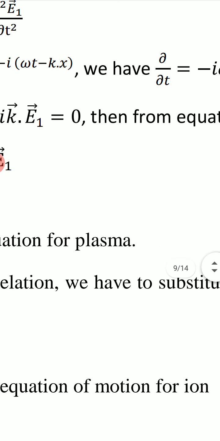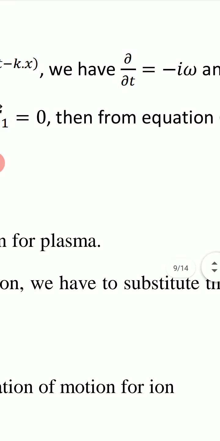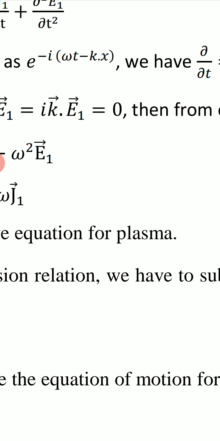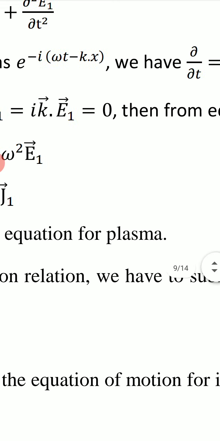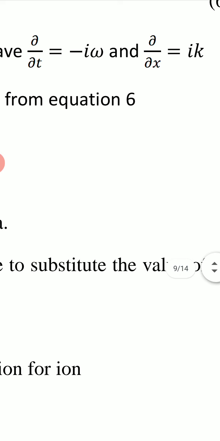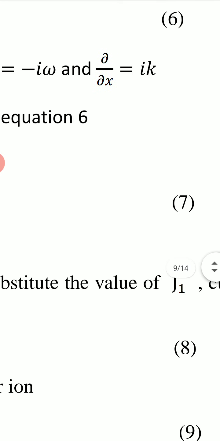So delta upon delta t is equal to minus i omega, and if we differentiate with respect to x, then delta upon delta x will give ik. So delta upon delta t is minus i omega and delta upon delta x is ik.